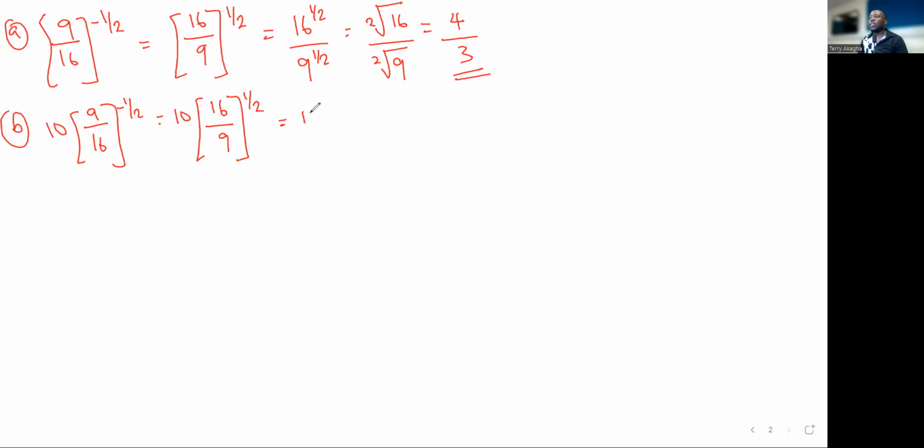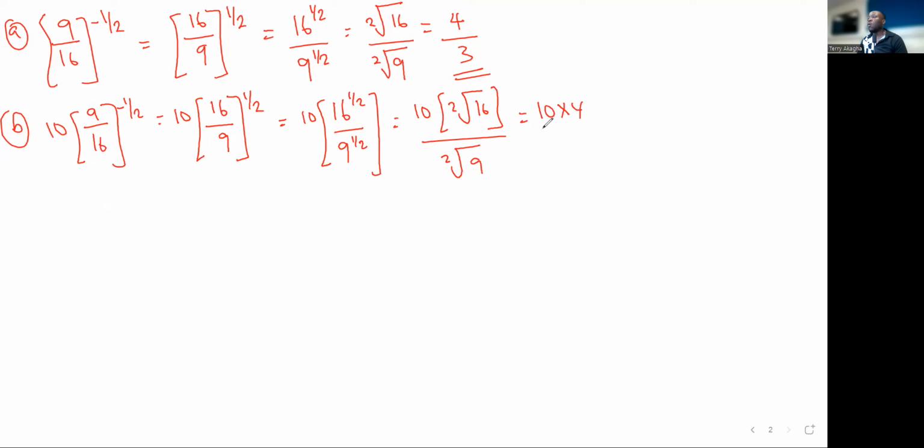And that will give us 10 into bracket 16 to the power half divided by 9 to the power half. And that will give us 10 into bracket the square root of 16 divided by the square root of 9. And that will give us 10 times 4 divided by 3, which gives us 40 over 3.